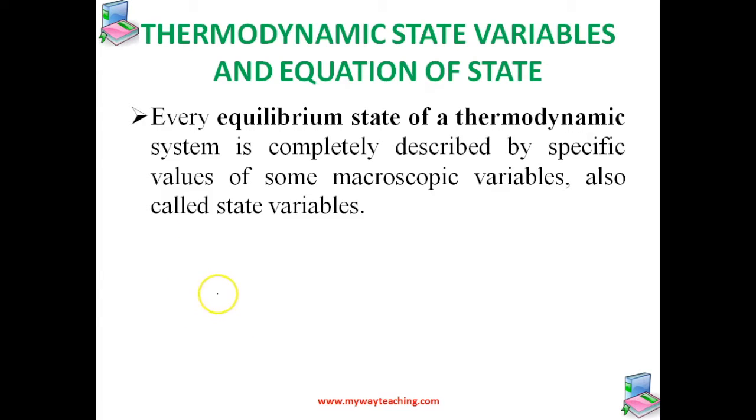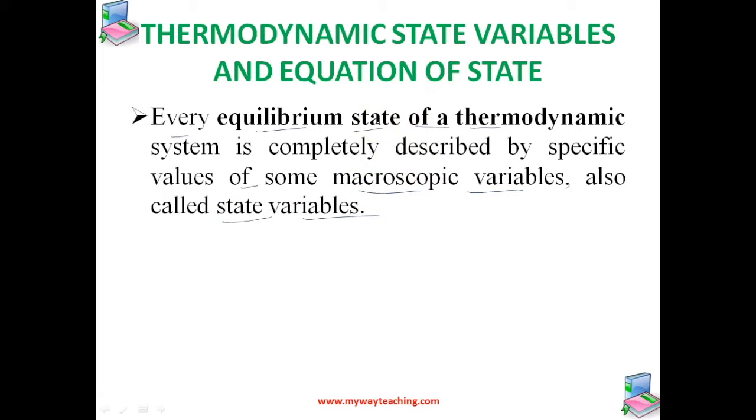Now let us study thermodynamic state variables and equation of state. Every equilibrium state of a thermodynamic system is completely described by specific values of some macroscopic variables. We already know about these macroscopic variables. They are also called state variables.